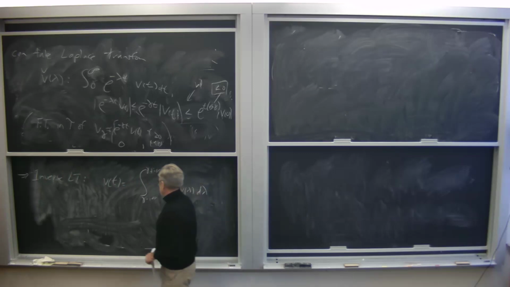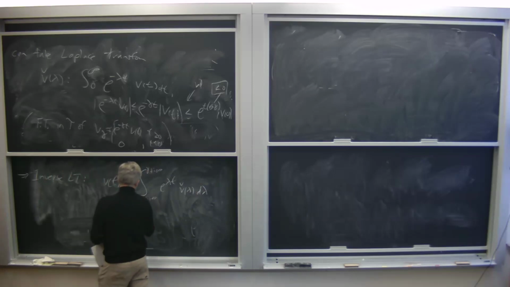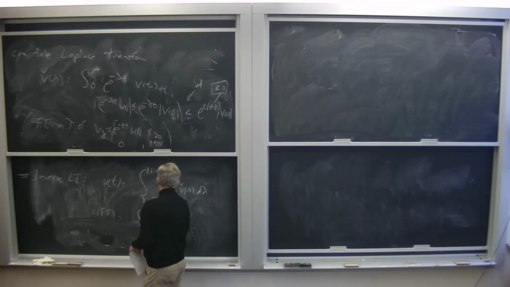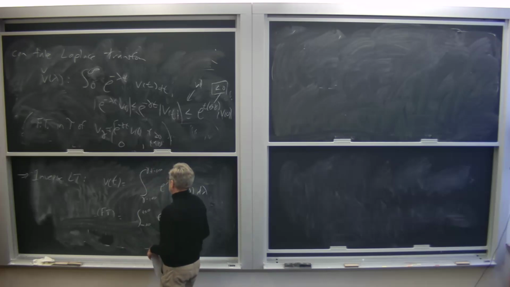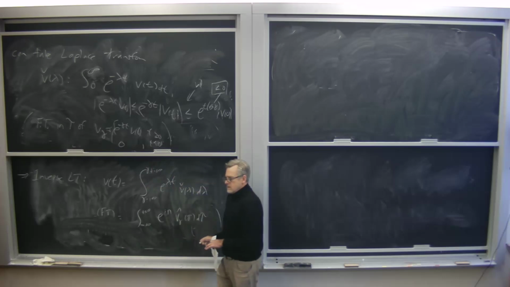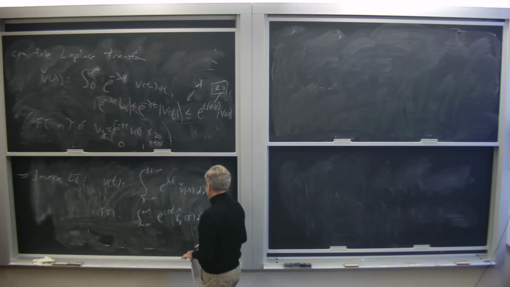And in the Fourier transform, this would be the integral from minus infinity to plus infinity of e to the i tau t, v gamma hat of tau, d tau. Yes, i tau t, thanks. Right, this would be the same.